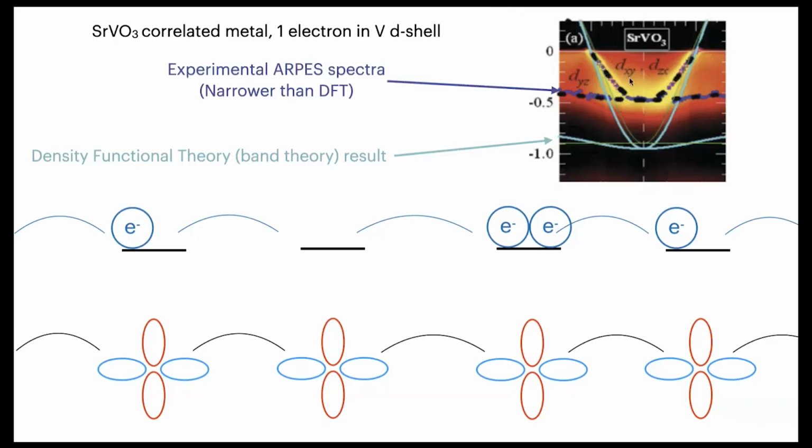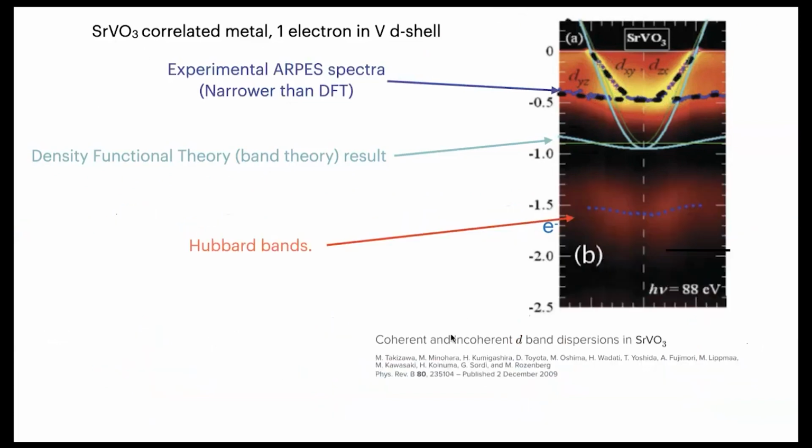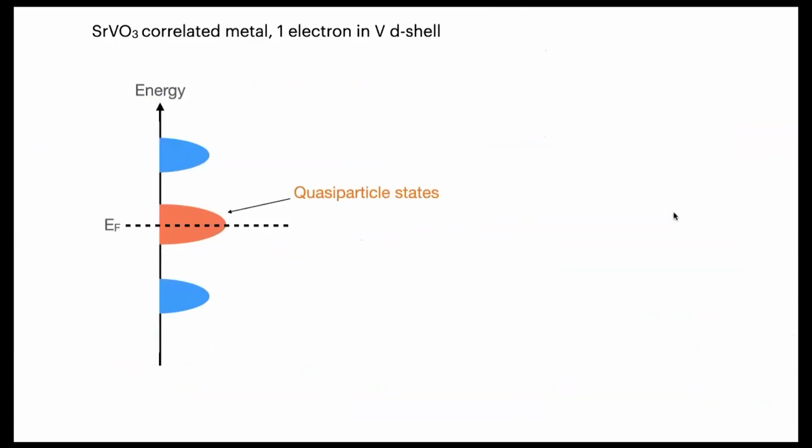And this is true here. Compare the DMFT with IRPS spectra, and you see, again, this band narrowing. And of course, the other thing you see are Hubbard bands, which aren't really captured in this quasi-particle picture, as these are different types of excited states and multiplet states.